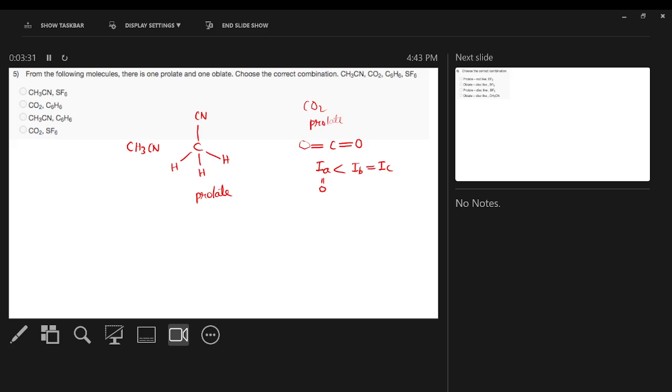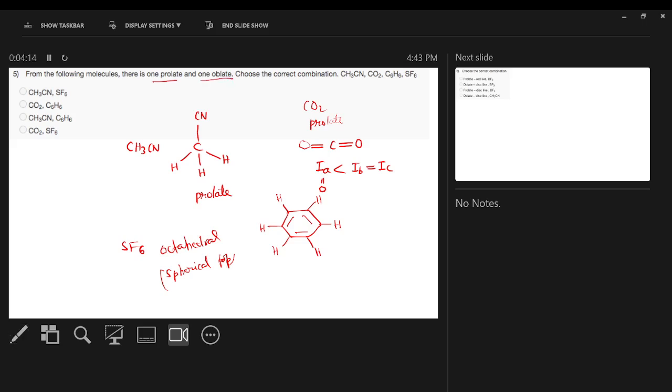And the benzene, and the third one is SF6. So SF6 comes under which category? A spherical top, octahedral. So it comes under spherical top. The question asks for one prolate, one oblate.